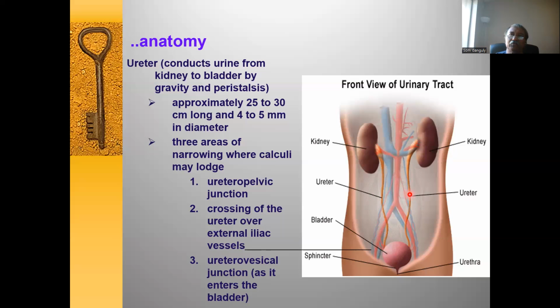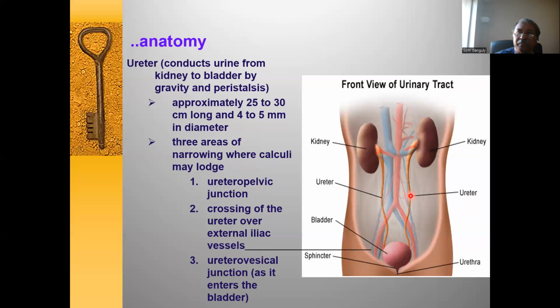But if we have a stone right here, then that will show up as a dark spot. Normally, this will look like a white tubing, because of the contrast media filled tubing, it's going to look white. If we have a stone, that stone is not going to show up as a white body.